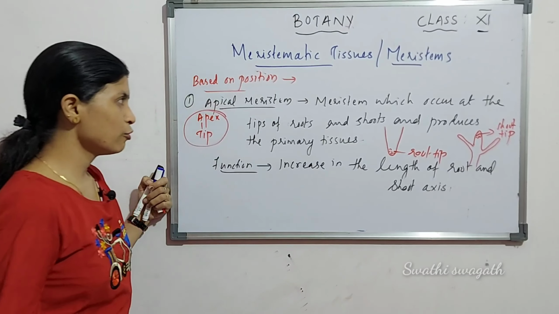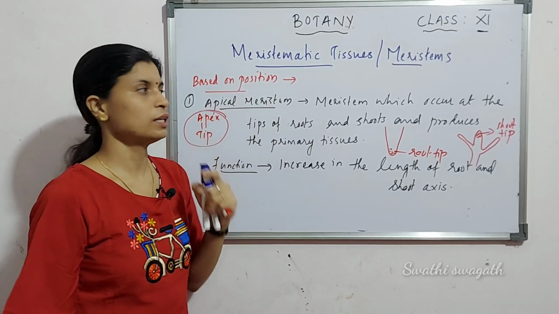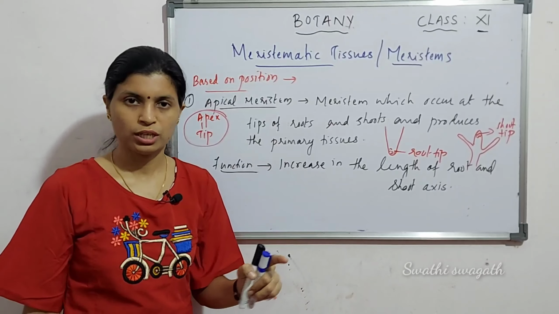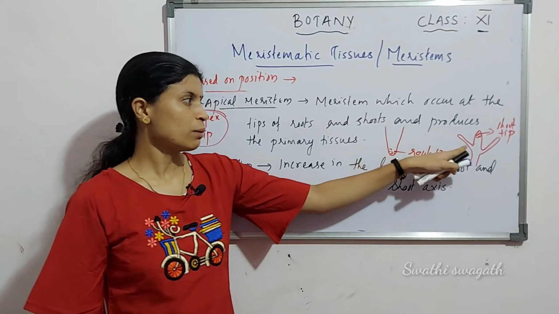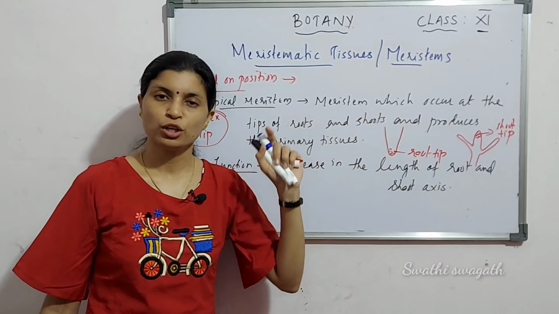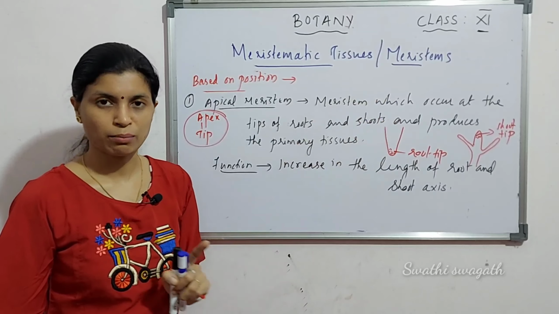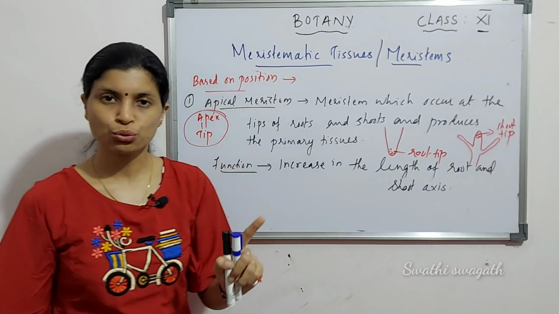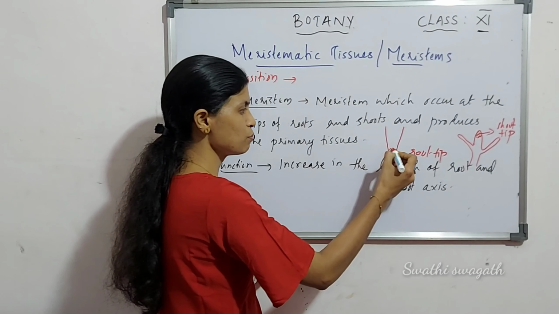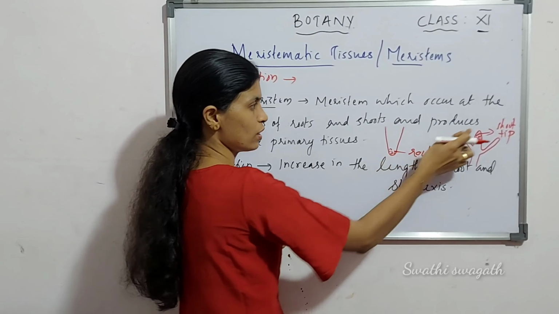Apical meristem is present at the apex region of a root and a shoot. Root apical meristem is present at the tip of the root, and shoot apical meristem at the tip of the shoot. The function of the root apical and shoot apical meristem is to increase the length of the root and shoot axis, as this meristematic tissue divides continuously at the tip of the root and shoot.